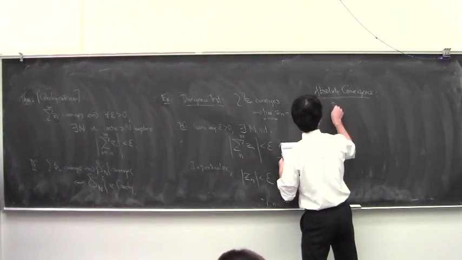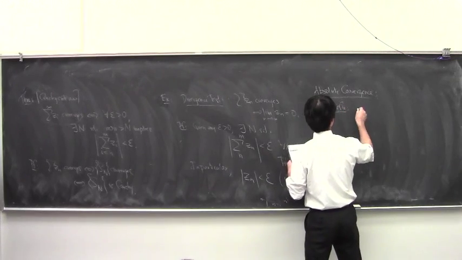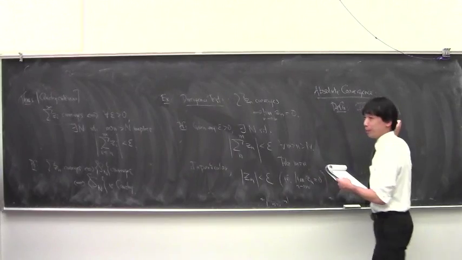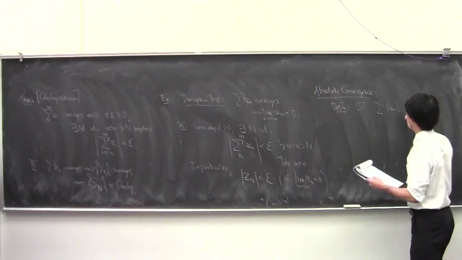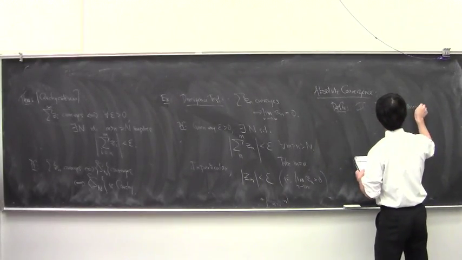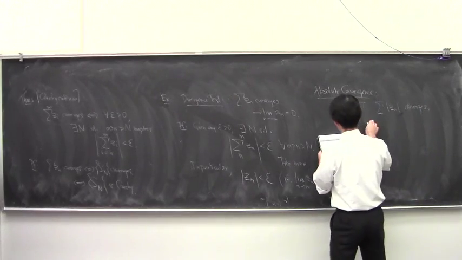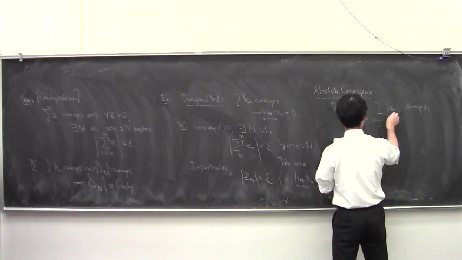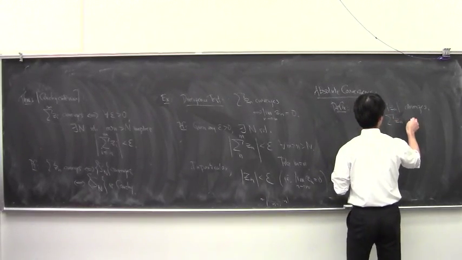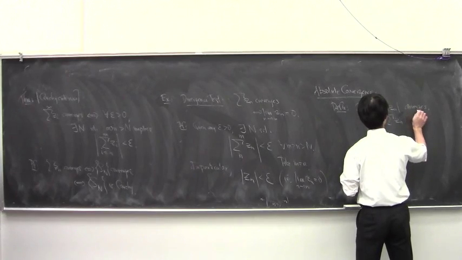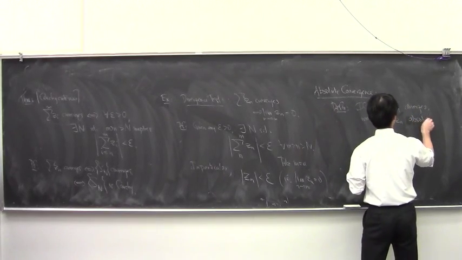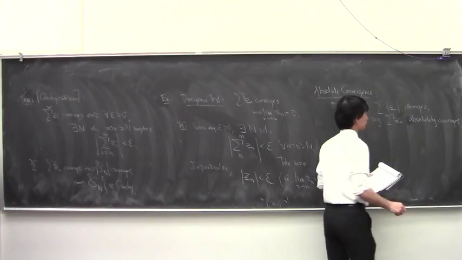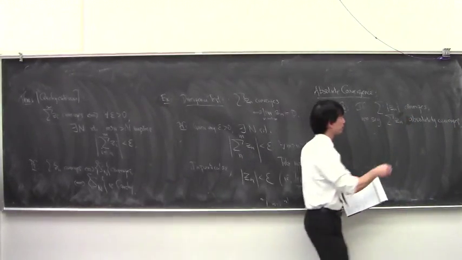Definition: if the series that you get by taking the absolute values converges, we say that the series c_n absolutely converges.